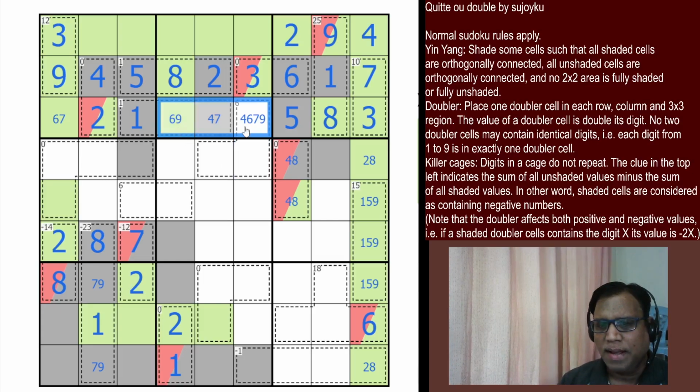So definitely 9 and 4 both are here. 9 is here and 4 is here. That's anyway obvious using Sudoku also. So not a big deal. What else can we do now? 4, 8. Yeah, we don't know, right? Whichever.